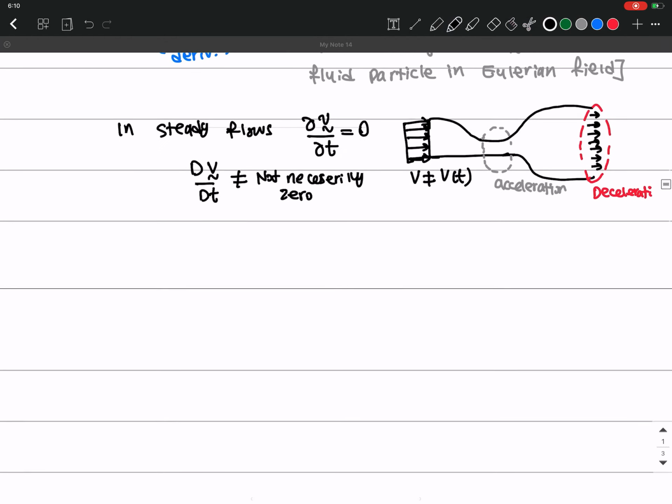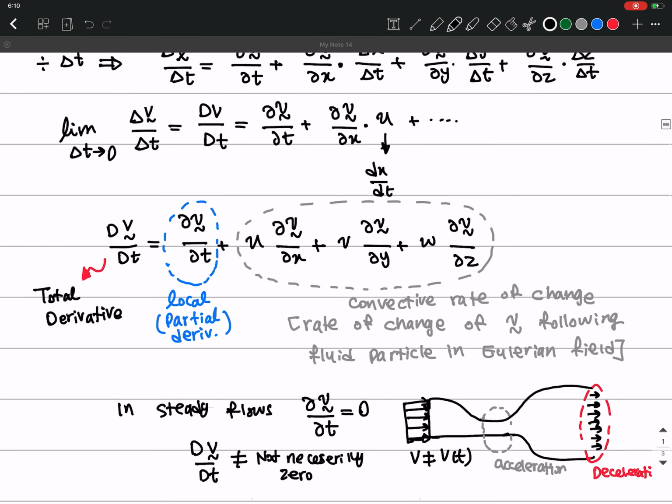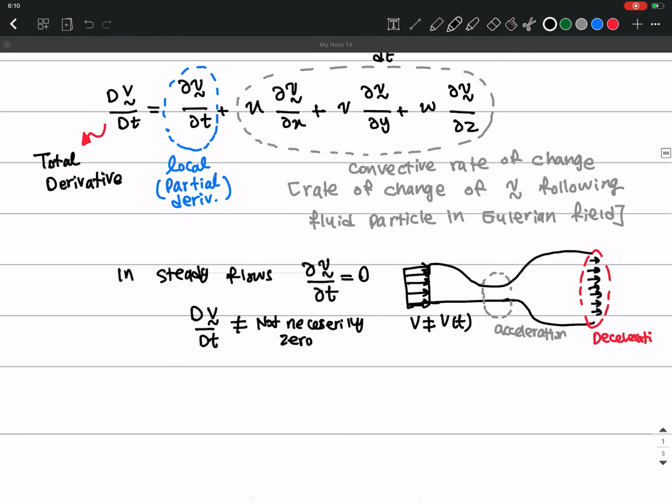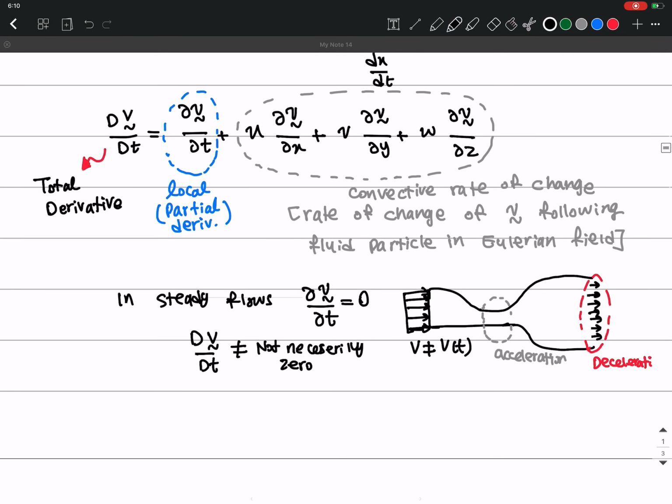Okay. So let me write this term again. We can also write this using the divergence notation. So in the divergence notation, let me write this down.